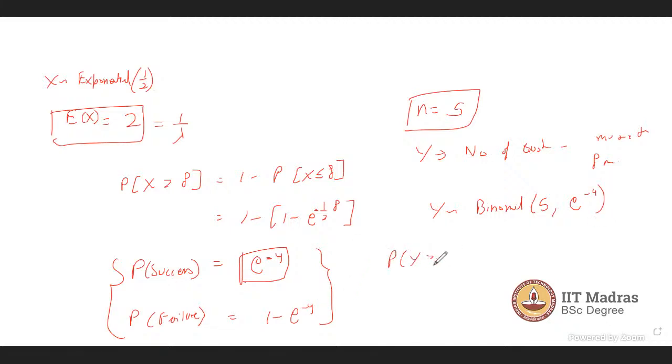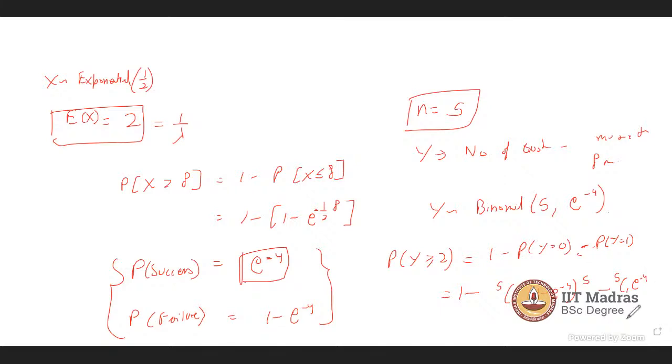You need to find the probability Y greater than or equal to 2. You can simply plug in 5. For binomial, taking the value 0, it's nothing but 5C0, p raised to the power 0, times 1 minus p raised to the power 5.